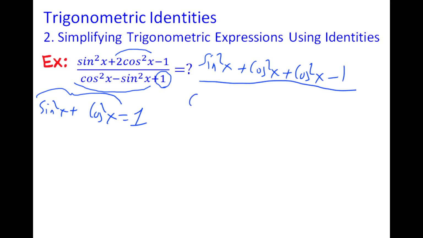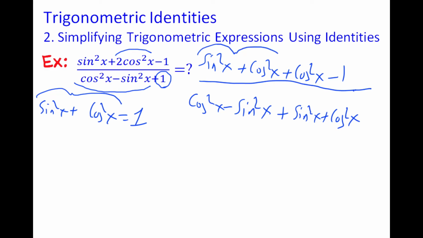So here we have cosine square x minus sine square x plus, instead of 1, I'm going to be writing sine square x plus cosine square x. And in the numerator, we have here sine square x plus cosine square x, and that is equal to 1, right? Because I already put this identity here, so this part is 1.